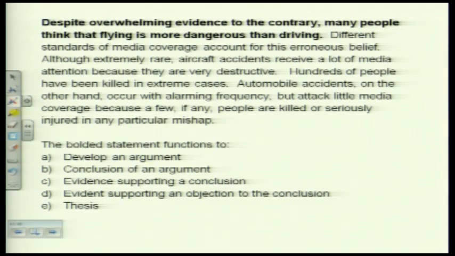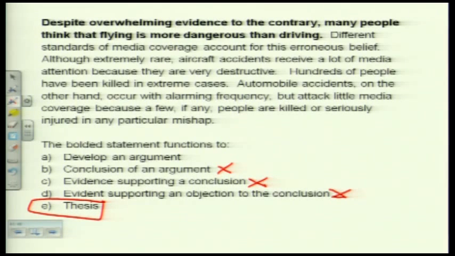C and D. You can eliminate C, you can eliminate D. It's not the conclusion. So what else do you have? Develop an argument and then the thesis. So it is a thesis, but it prompts you to develop an argument. So I would choose, in this case, number E, a thesis.